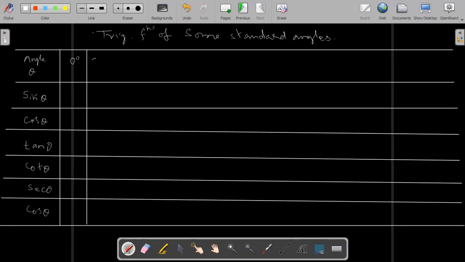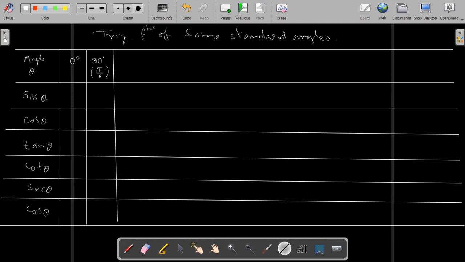In degrees we will write 30 degree, and in terms of radians we will write pi by 6. So remember, pi by 6 is 30 degree. Why? Because 180 divided by 6 is 30 degree. Like this, you can remember the values in terms of pi, radians, that we have seen in the previous part.